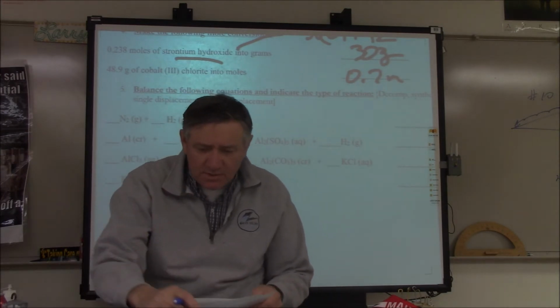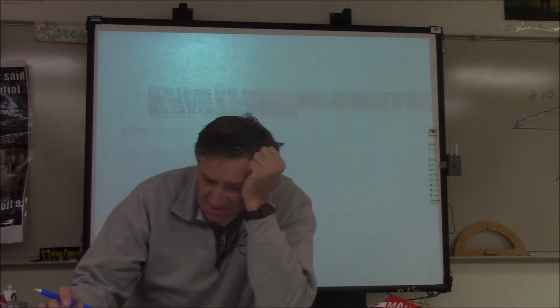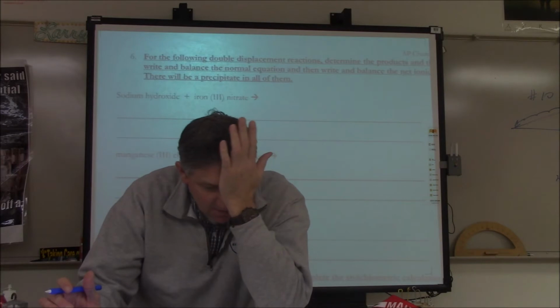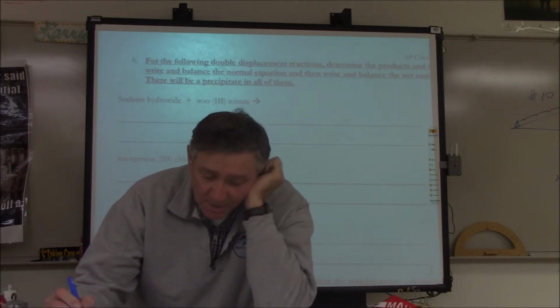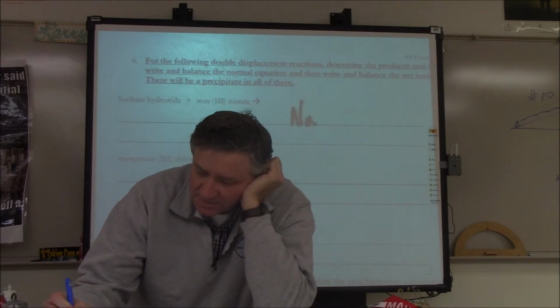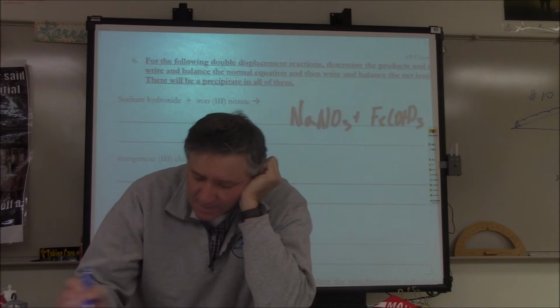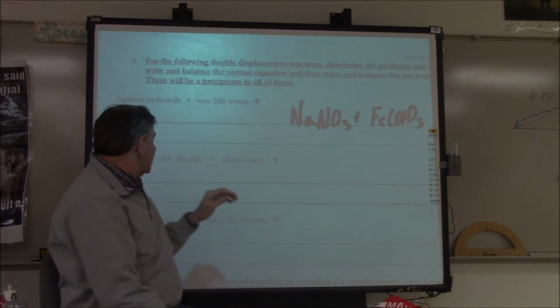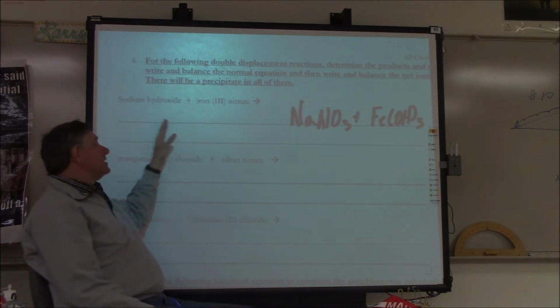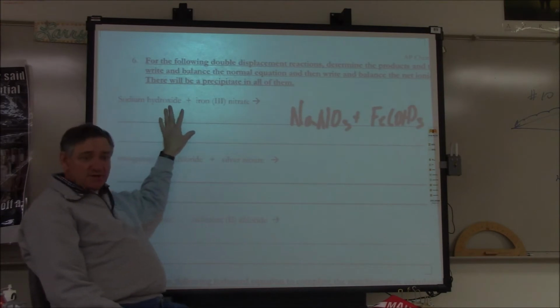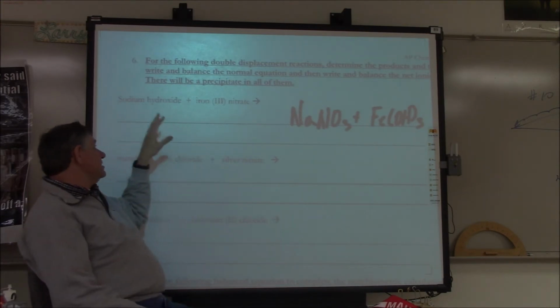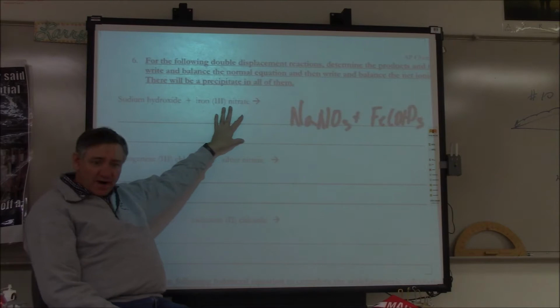When you get to number 6, where you do this net ionics, with this one, your 2 products are sodium nitrate and Fe(OH)3. So you have to keep in mind how this is physically happening. This is aqueous sodium hydroxide, so you'd have a solution of sodium hydroxide. You'd have a solution of iron 3 nitrate.